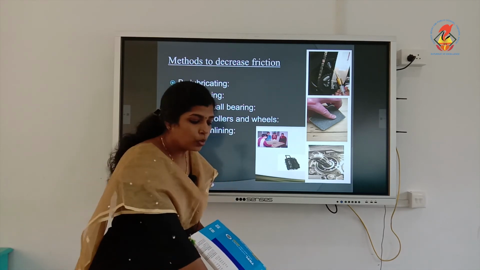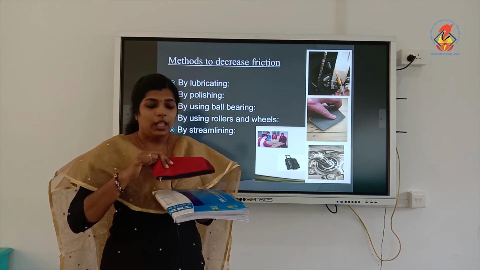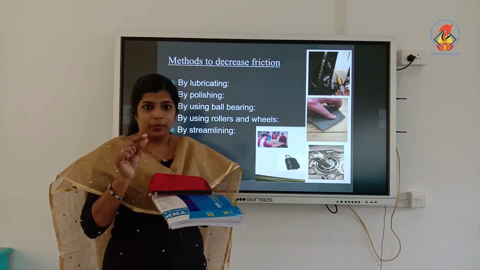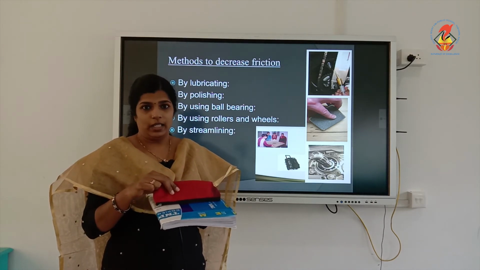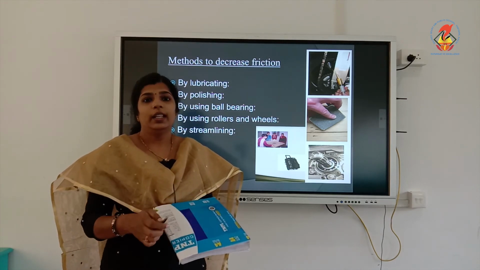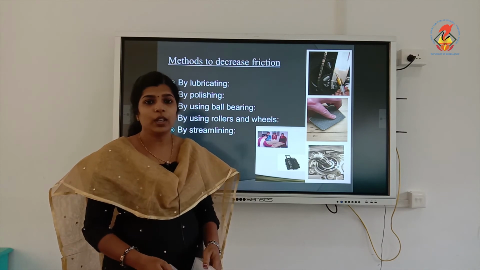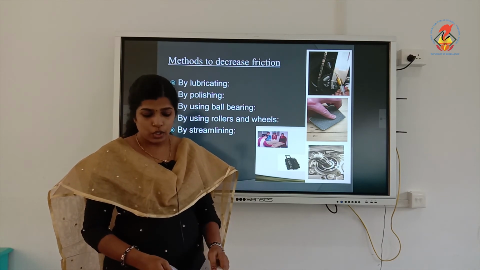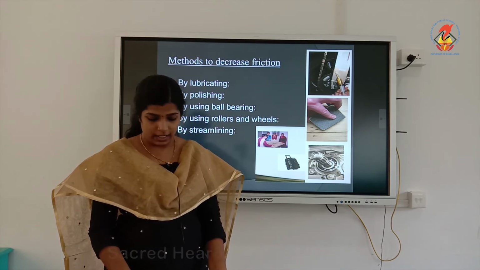When one object slides over the other, there is a small time for the interlocking of the irregularities. When one object rolls over the other, that time will not be there, so the frictional force will be very less.